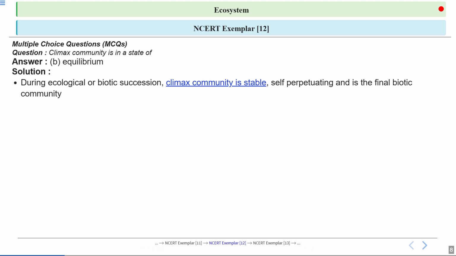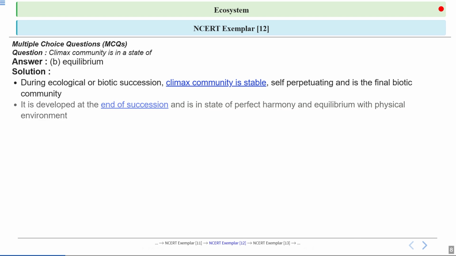During ecological succession or biotic succession, the climax community is stable, self-perpetuating, and is the final biotic community. So climax community is the final stage of this process. It's stable and self-sustaining, meaning it does not change much over time. The climax community is in perfect harmony and equilibrium with its physical environment.